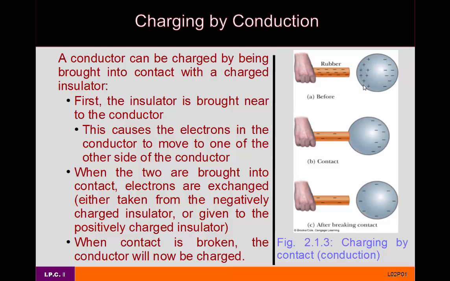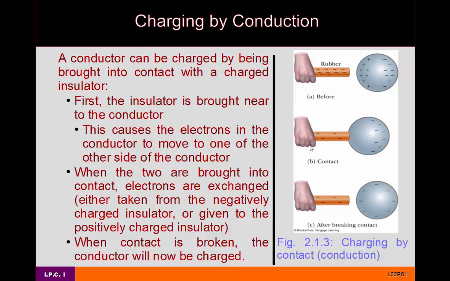The conductor has a bunch of positive charges and a bunch of negative charges that are loosely bound together, and basically when this piece of rubber moves close, the conductor ends up having charge separation. All the charges are able to move easily, so all the positive charge moves close to the piece of rubber, the negative charge moves to the far side of the conductor, or moves away from the piece of rubber. So you have a charge separation that basically looks like this.